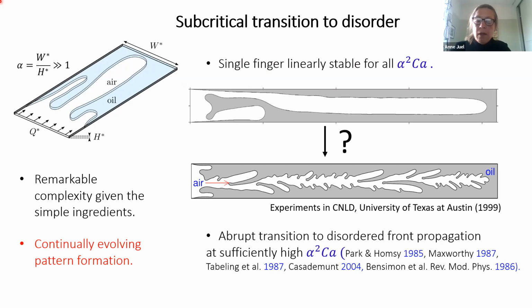In fact, much of the early work on Saffman-Taylor fingering was concerned with the so-called selection problem at infinite capillary number, so at zero surface tension. That is because there's an infinite countable family of Saffman-Taylor fingers in that limit, but surface tension then acts as a singular perturbation to select the one we actually observe, like this one.